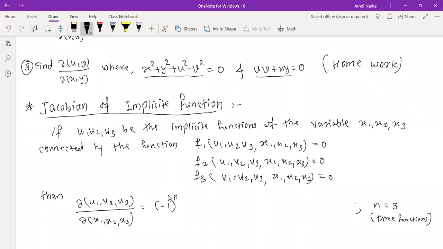Suppose we have 2 functions like that. What will be the value of n for this particular example here? 2 only, because we have 2 functions.